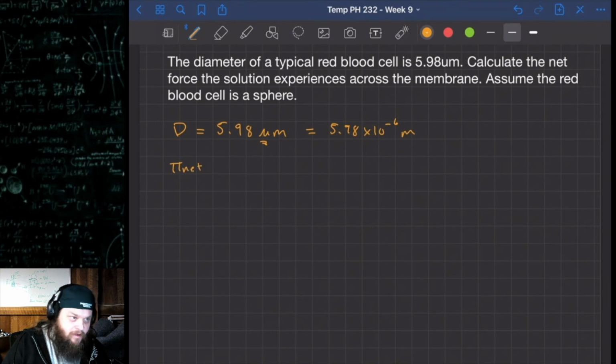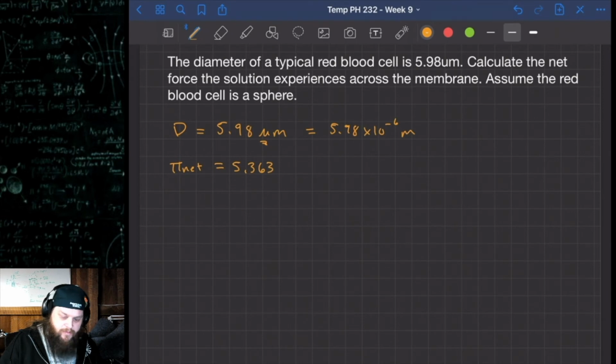And we said our net osmotic pressure, 5.363 atmospheres, we're converting to pascals. So we can convert that: 1 atmosphere divided by 1.013 times 10 to the 5 pascals per atmosphere.